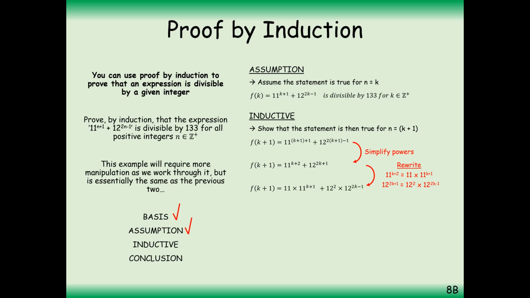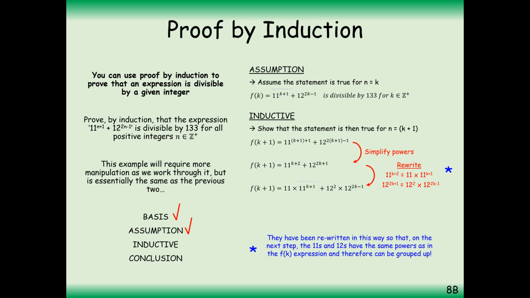Okay, so when we subtract these two expressions, notice that these two blue boxes are the same. So literally, it's like saying I have 11 apples and I'm subtracting 1 apple. So what's 11 minus 1? It's going to give us 10 apples, or rather 10 lots of 11 to the power k plus 1.